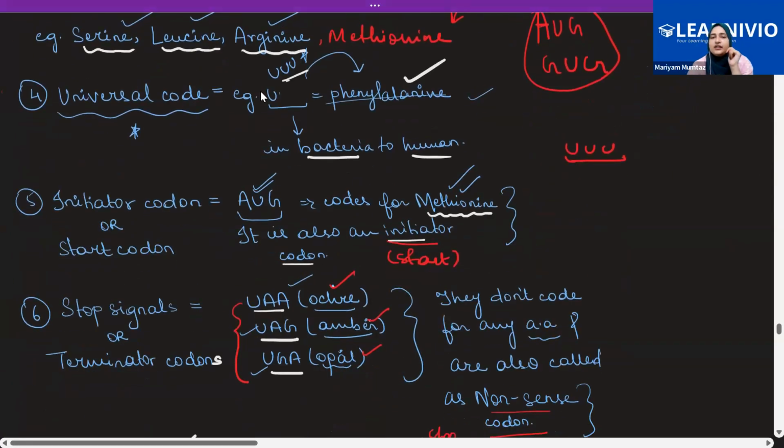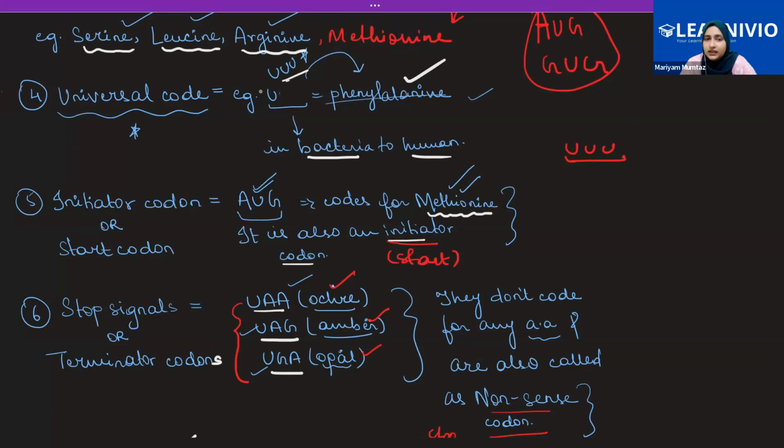Then comes universal. These genetic codes are universal for all organisms. If UUU codes for the amino acid phenylalanine, then from bacteria up to human beings, everyone will have it coding for phenylalanine. Is it clear?